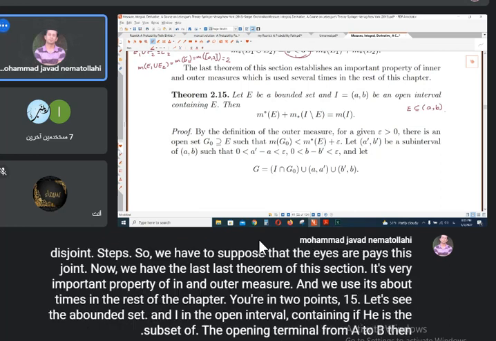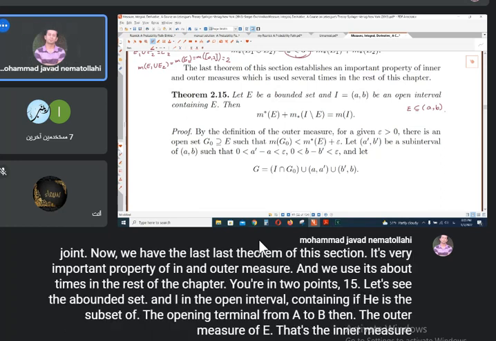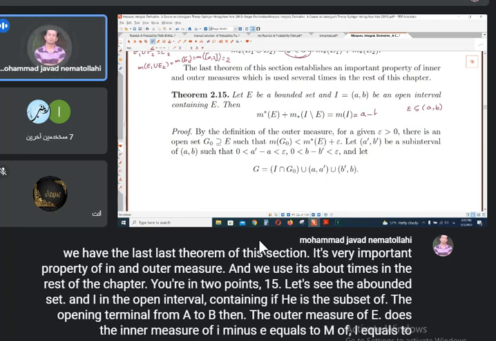Then the outer measure of E plus the inner measure of I minus E equals m of I, which equals b minus a.